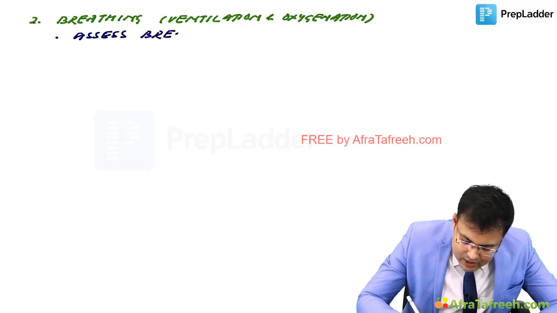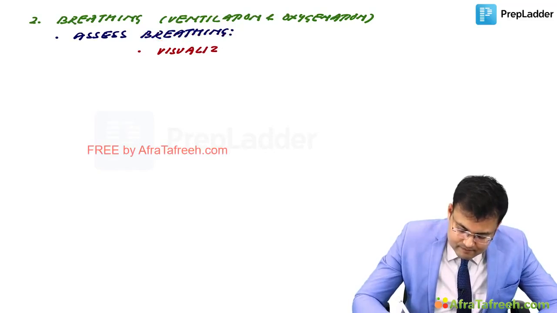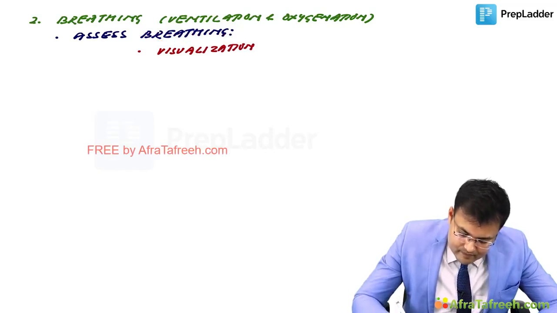Clear? So see what we do here. In this step, we are going to assess breathing. And how are we going to assess breathing? First, by visualizing the chest movements.